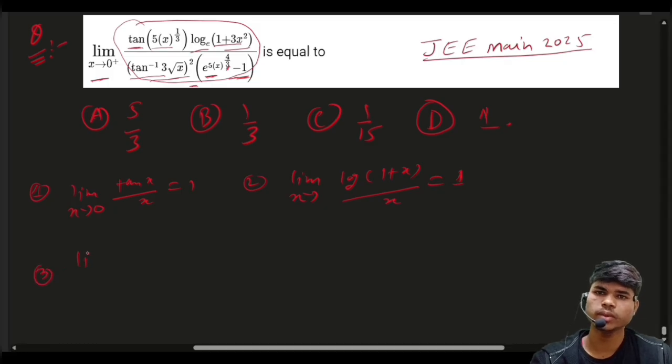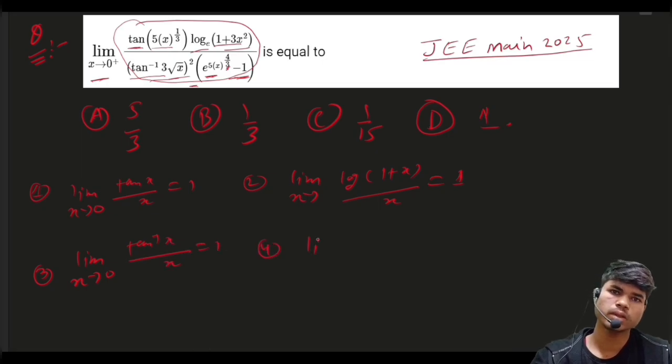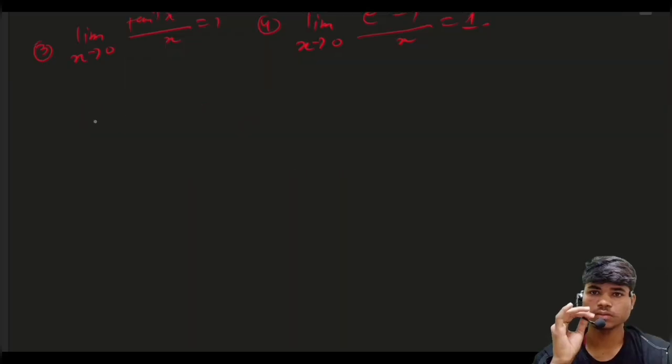Third, limit x tends to 0 tan inverse x divided by x equals 1. Fourth, limit x tends to 0 e to the power x minus 1 divided by x equals 1.